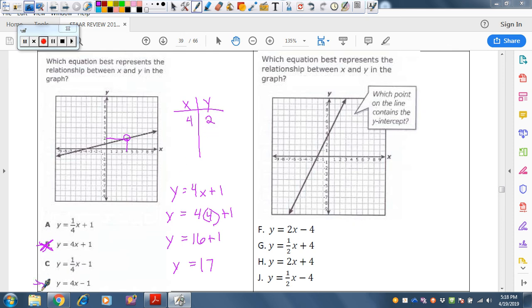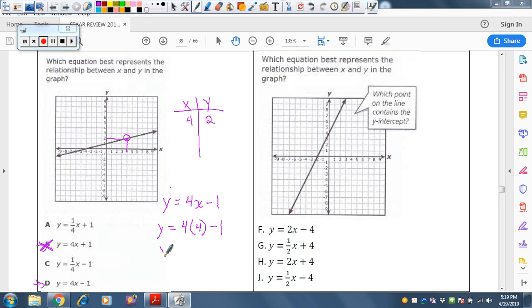Test the next easy one. X is 4. 4 times 4, 16 minus 1.